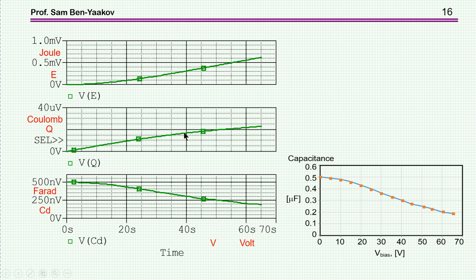Now integrating this thing and then subtracting it from the rectangular area, as we have seen earlier, we get the energy. This is now in joules, and this will be 0.5 millijoule for this capacitor when being charged to say 55 volts. Okay, so this is a way to get all this information as we might need it for any particular application.